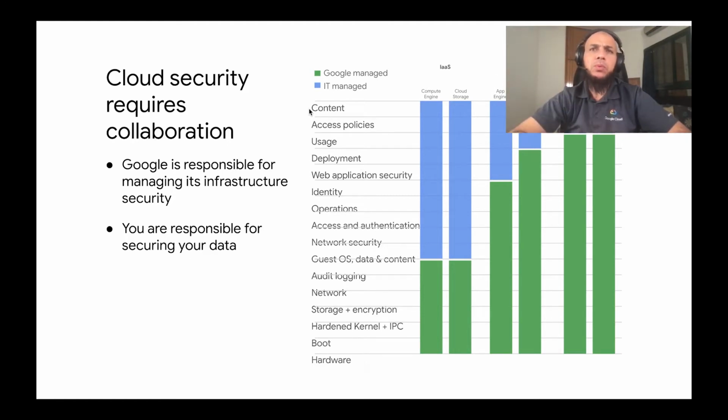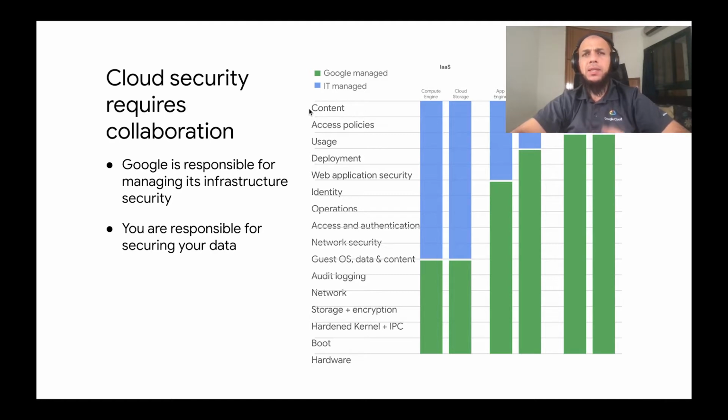Once you move to the cloud, it becomes a shared responsibility between Google and the customer. The lower levels of the security stack are the responsibility of Google in the case where you are using infrastructure as a service, like Compute Engine instances, VMs basically, in the cloud.